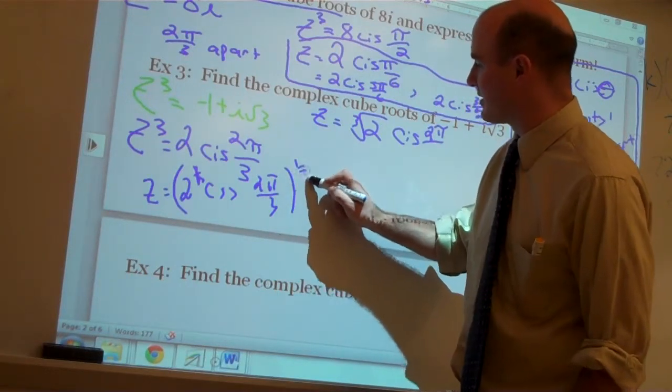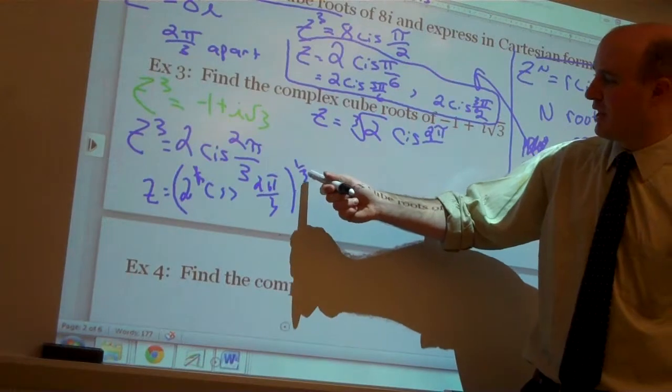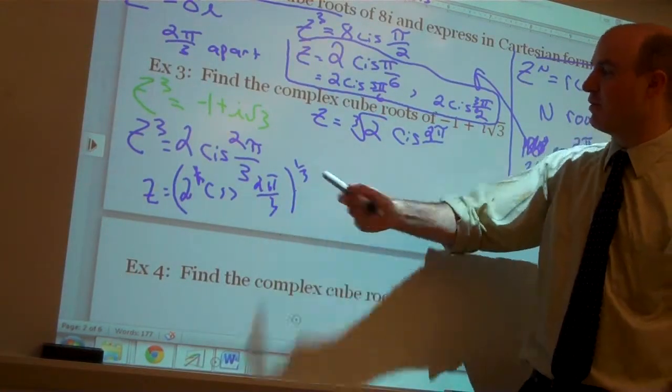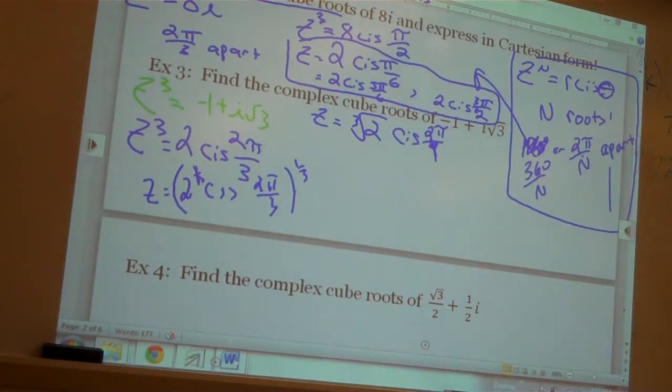So when we're raising it to the 1/3 power, we raise the radius to the power, and how do we combine these two? You multiply it. Oh, over 9. 2 pi over 9. Good, yeah. There you go. So my first answer would be the cube root of 2 cis 2 pi over 9.